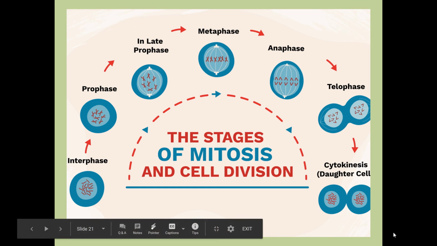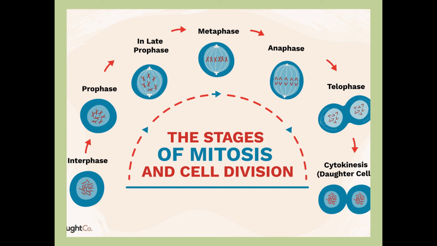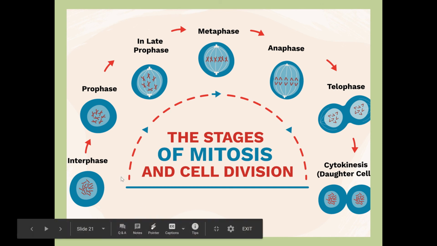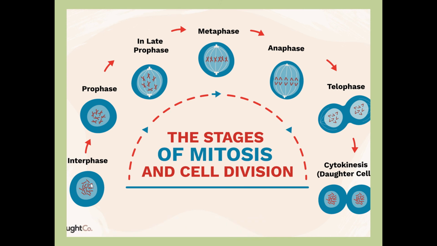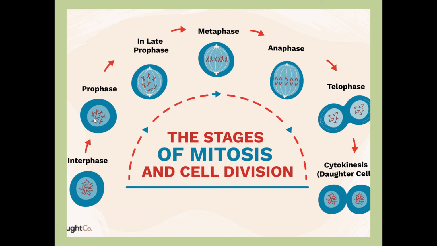Okay, so here are the stages of mitosis and cell division all kind of broken down into a nice neat little package for you. We have interphase here, which is 90% of all cell life. This is where it's growing and it's not replicating at all. And we have prophase and late prophase. So they kind of are split into two subgroups, if you want to call them that.